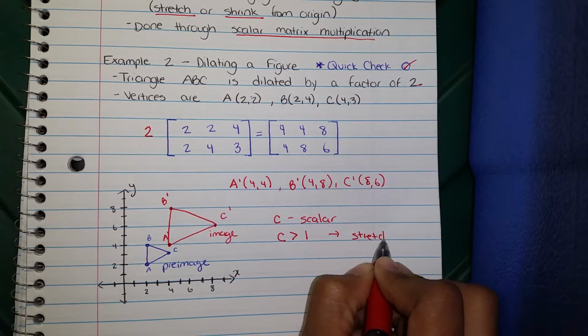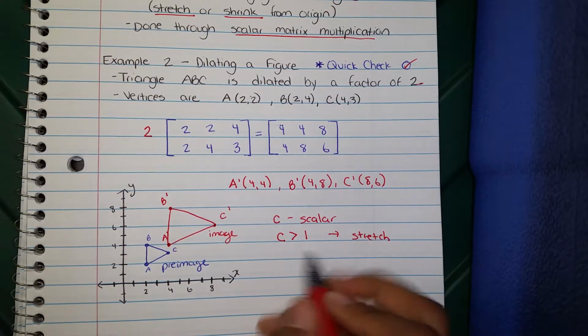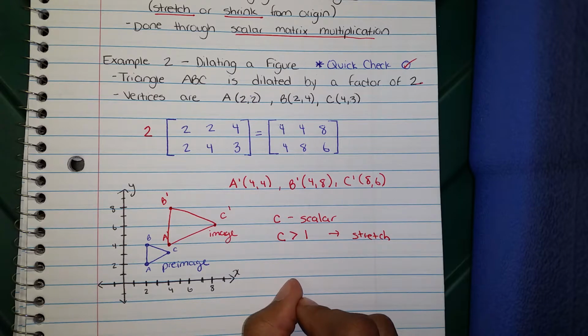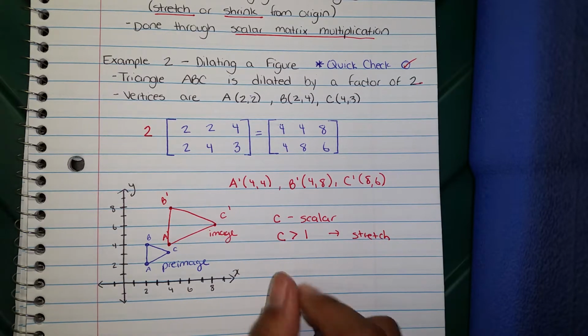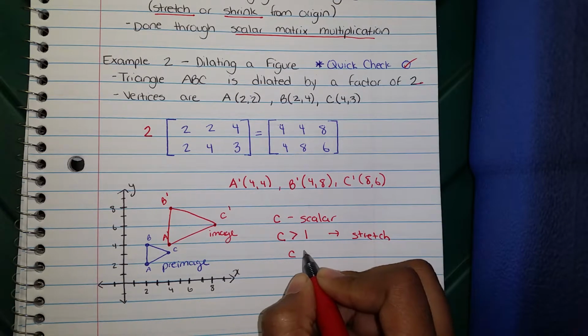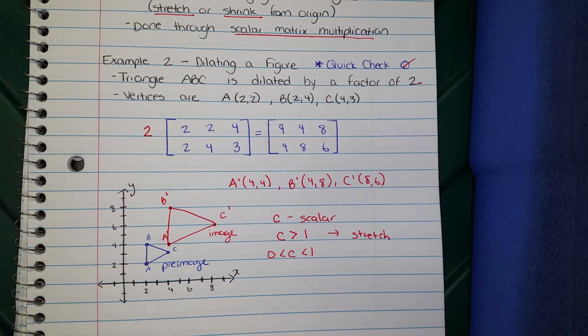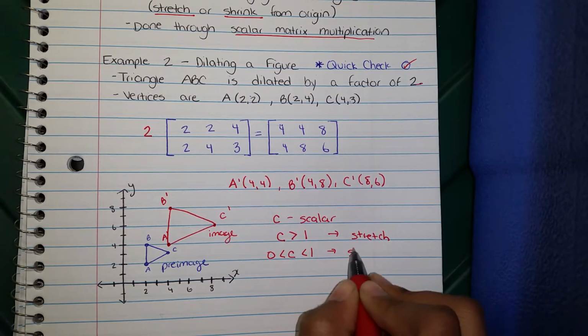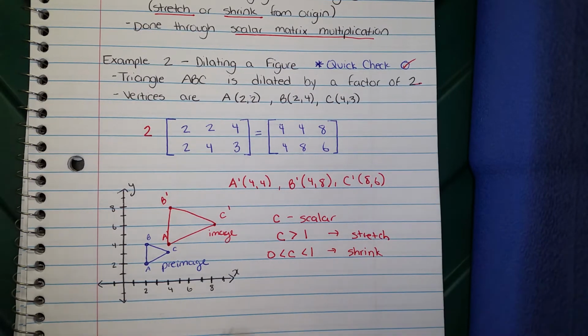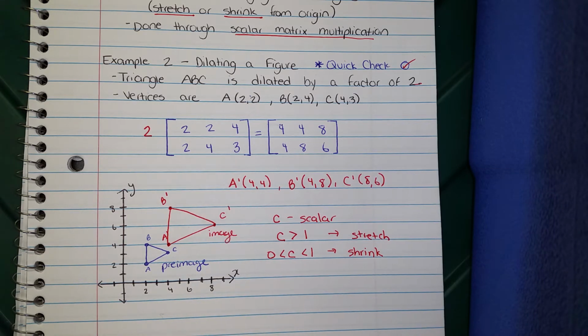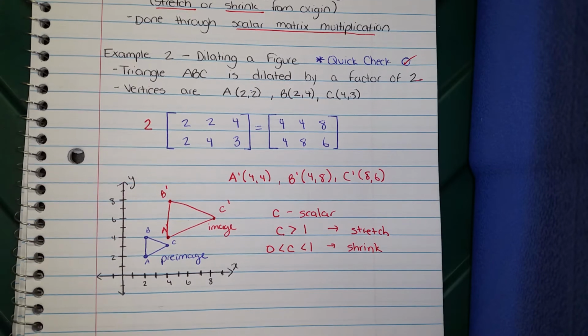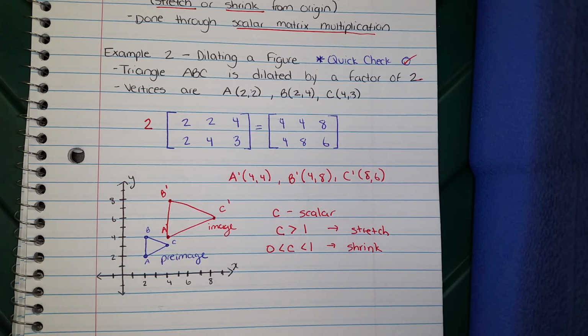Right? You're making it bigger. If my scalar is a fraction or decimal between 0 and 1, so it's less than 1 but greater than 0, it is a shrink. So if I were to have multiplied the same matrix by 1/2, it would have been a shrink.